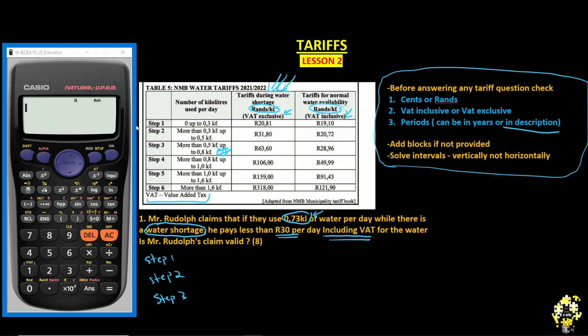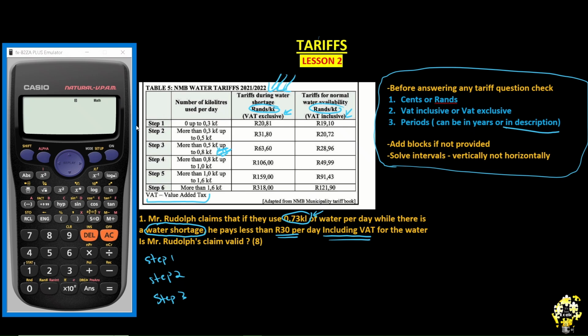But remember, I said something in the last lesson and I said we are going to solve it here. This is where we are solving it. Last lesson, we had 30 kiloliters. They were exactly as the interval. The interval was like 15 to 30 kiloliters. But here, it's not 0.5 up to 0.73 kiloliters. So we are supposed to make this work for us on step 3.